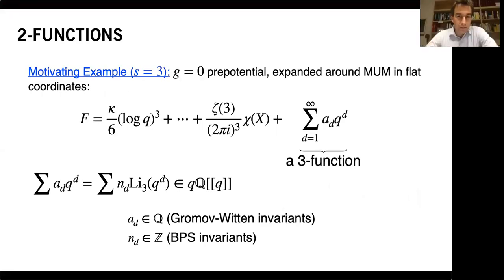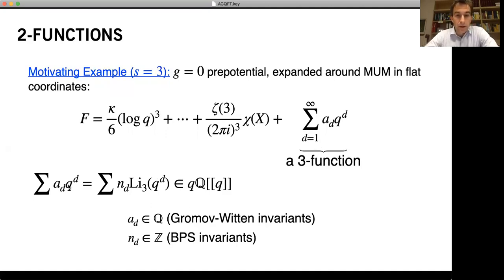Right, so for those who do know mirror symmetry, you will recognize this motivating example. If you look at the genus 0 prepotential and expand it around the MUM point in the special coordinates, you precisely get such a three function in the non-singular part of this prepotential. Here the sum is over d.